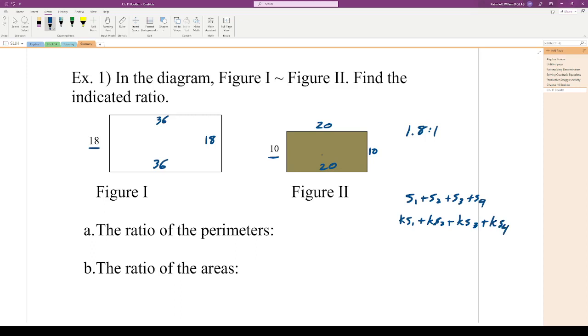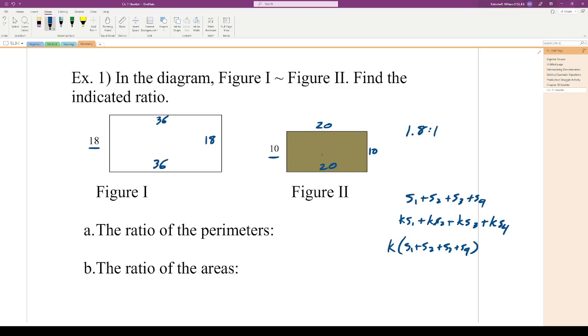K has affected every side equally, and I could factor it out as K times S1, S2, S3, S4. So all we've done is multiply the original perimeter by K. Each side got longer by a ratio of K.